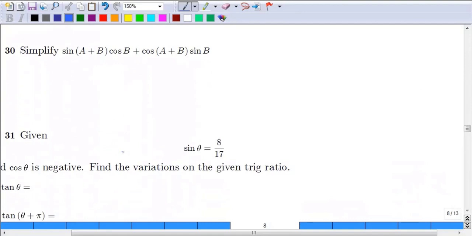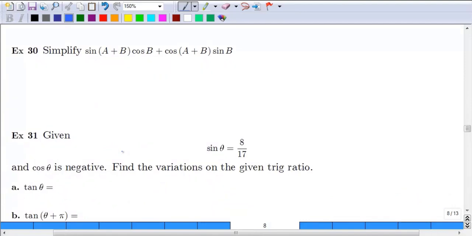Few more examples here. If we want to simplify sine of a plus b times cosine of b plus cosine of a plus b times sine of b, again, kind of ignore the a plus b there for a minute, and just think of this as being an angle. So sine of angle, cosine of angle, plus, so that's starting to look like sine of an angle plus an angle, because this is the first angle and this is the second angle.